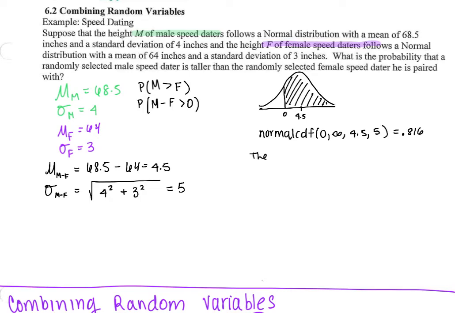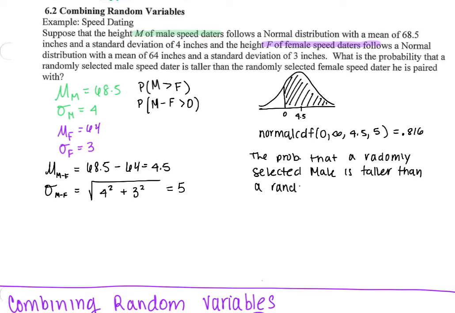So the probability that a randomly selected male speed dater is taller than a randomly selected female is 0.816.